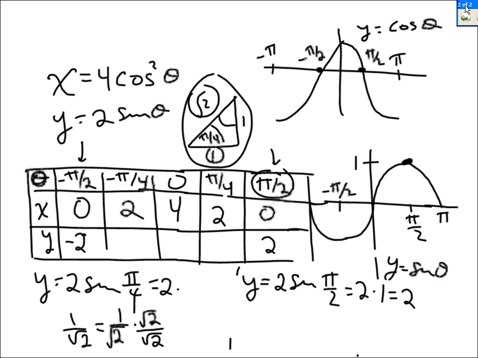I multiply by square root of 2 over square root of 2. 1 times square root of 2 is square root of 2. And on the bottom, square root of 2 times square root of 2 is 2. The 2's cancel out, and I get back square root of 2. For negative pi over 4, I'll get back negative square root of 2.